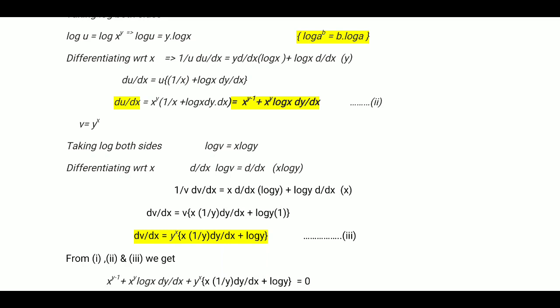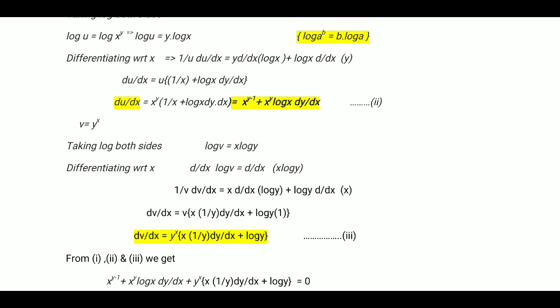So after cross multiplying v, we get dv upon dx is equal to v and differentiation of log y. So x into 1 upon y dy upon dx plus log y into dx upon dx, that is 1. So log y into 1. So we get dv upon dx is equal to, put the value of v, that is y power x, bracket x into 1 upon y dy upon dx plus log y.